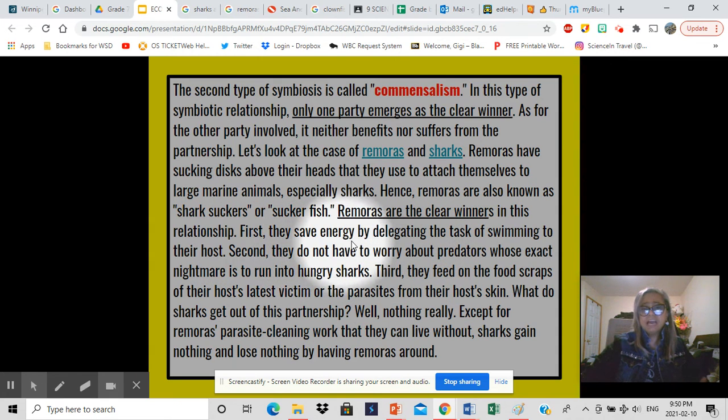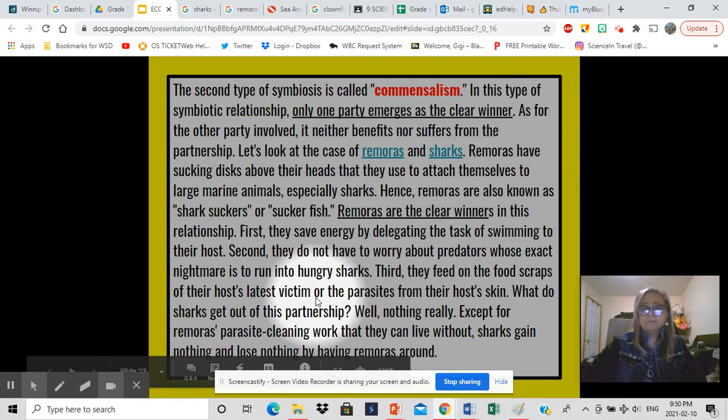First, they save energy by delegating the task of swimming to their host. They don't have to swim or spend so much energy. They just ride on the sharks, right? Second, they do not have to worry about predators, right? Third, they feed on the food scraps of their host's latest victim or the parasites from their host's skin.